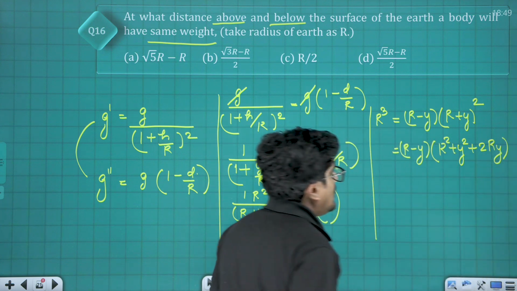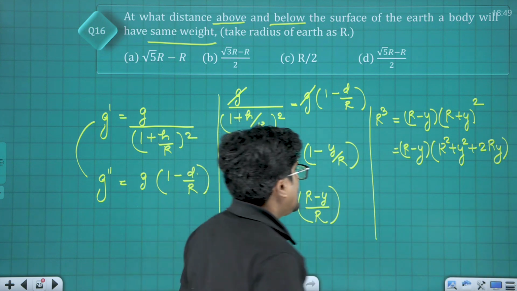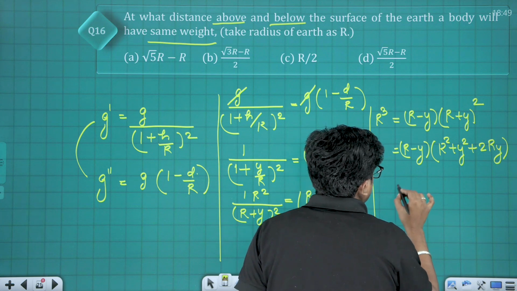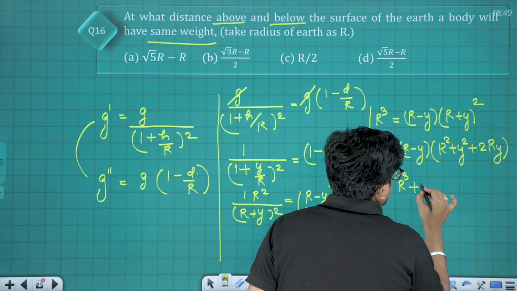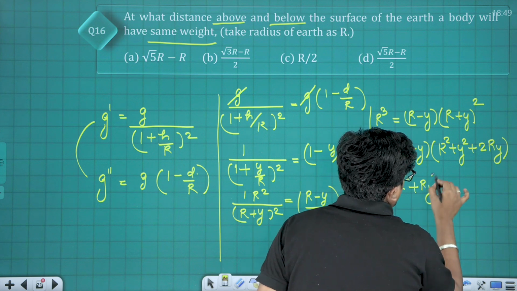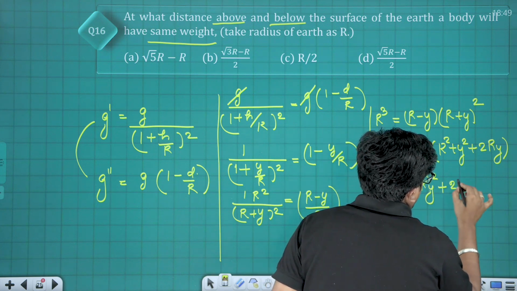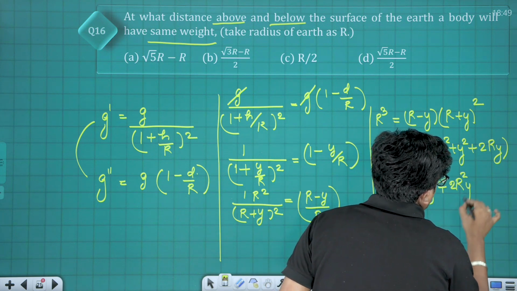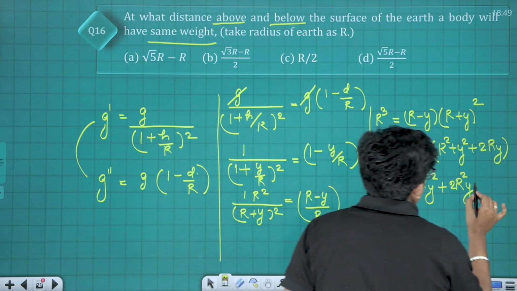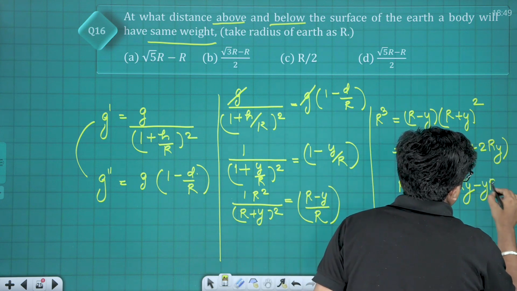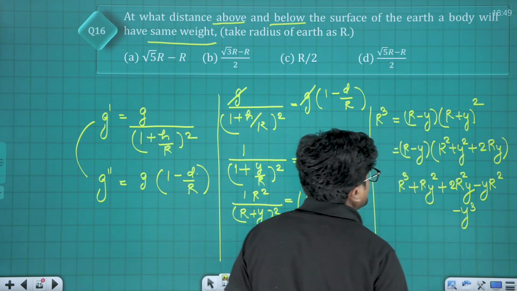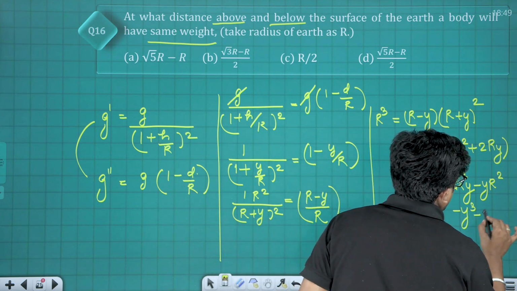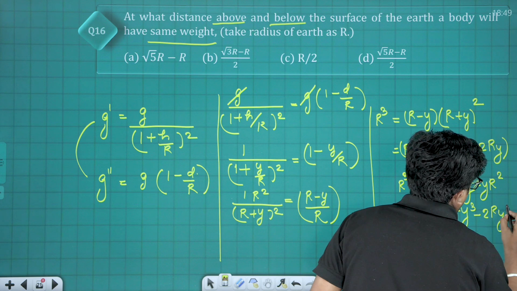Now let me open the bracket. Here this is going to be r cube plus r into y square plus 2 times r square into y minus y into r square minus y cube, minus 2 times r into y square.